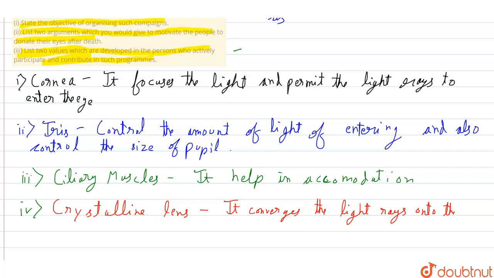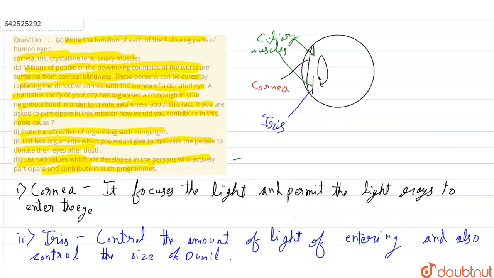So these are the functions of the 4 different parts of the human eye. This is the crystalline lens that will be denoted by CL. So now we have been given a context and we have to write the answers based on the parameters.